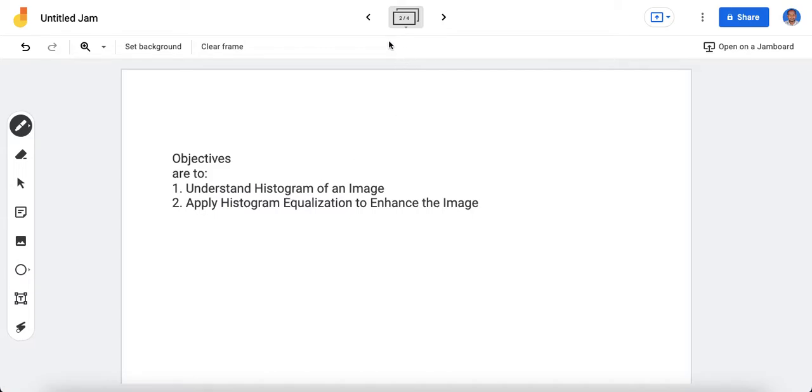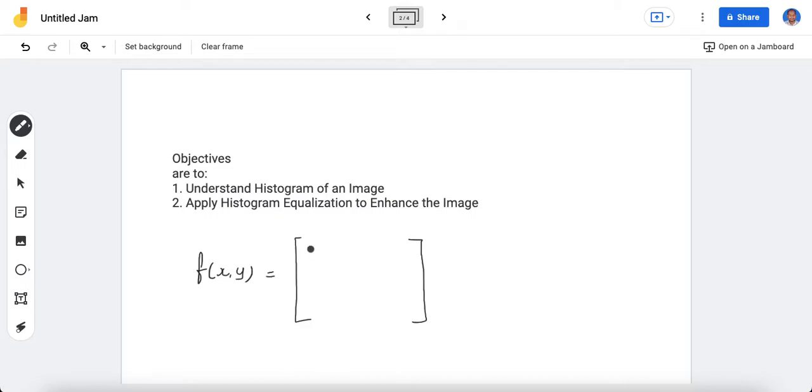To understand the same, I would like to take a small image of size 4 cross 4. If I take an image as a matrix f of x comma y, it will have 4 rows and 4 columns.